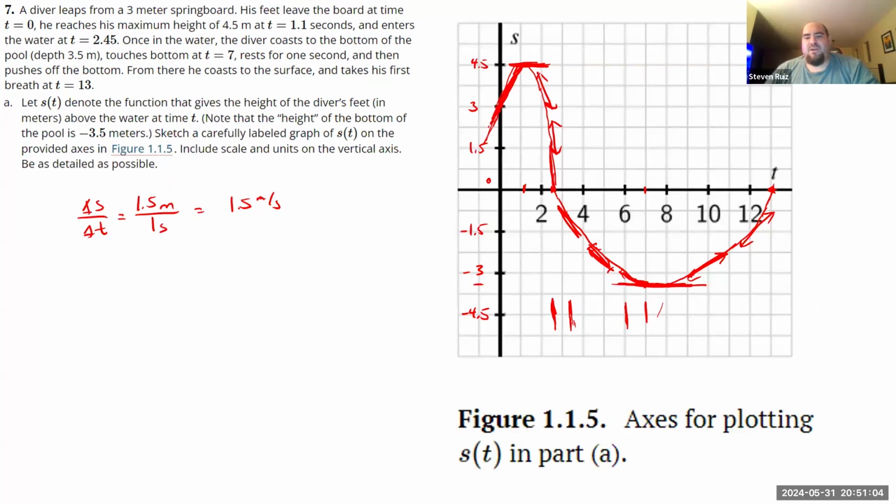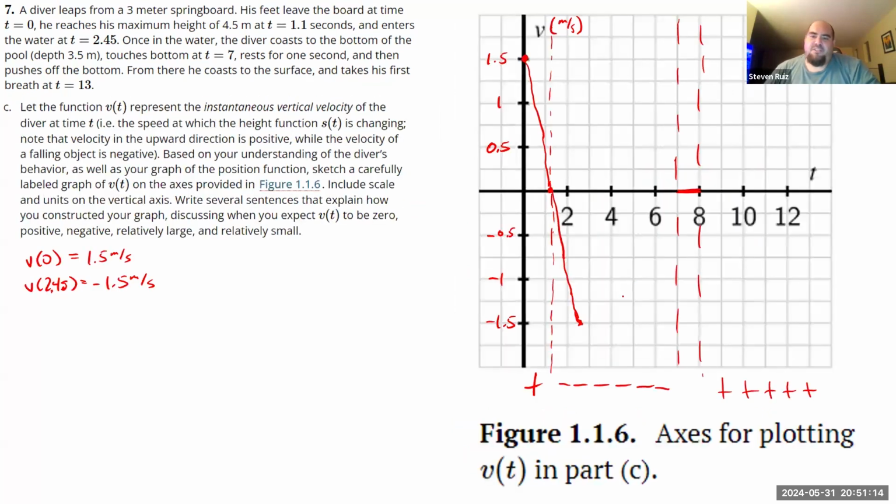If we go back to our position graph, the velocities are still negative, but they're getting shallower and shallower. They're getting less negative. So what's that going to look like on our velocity graph? Well, they're still going to be negative, but they're going to be less severe. They're going to be less significant. And we also know that by the time we get to time equals 7 seconds, our velocity must be 0.